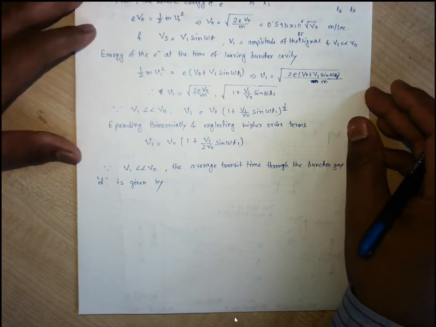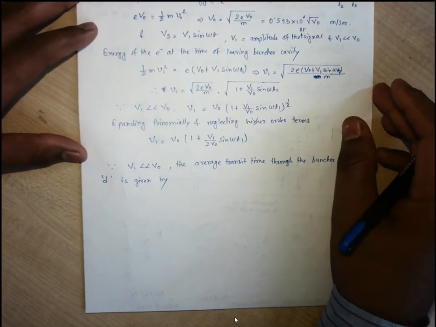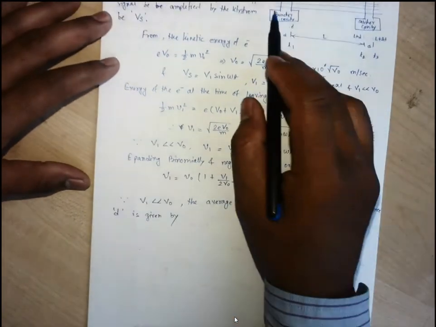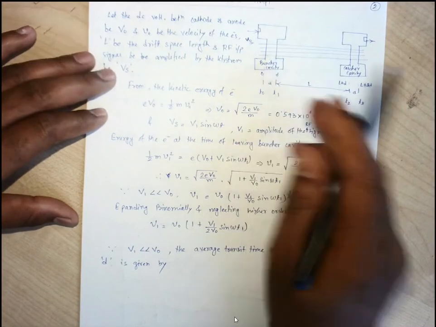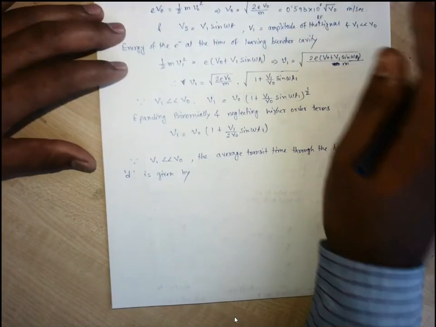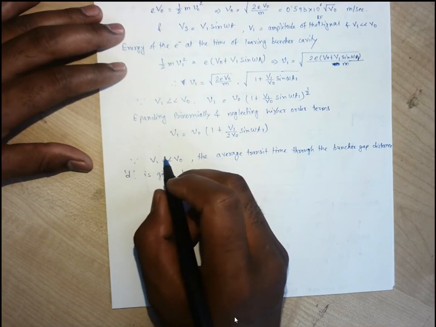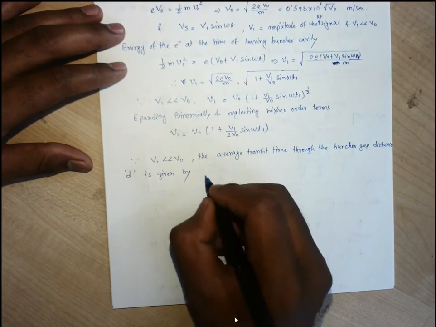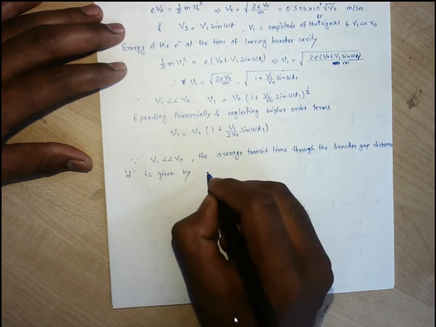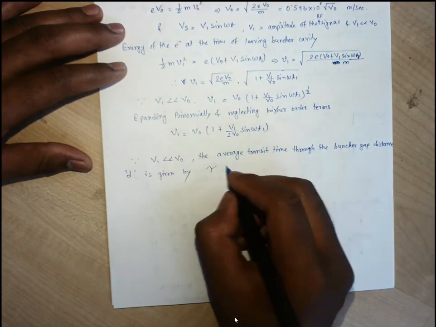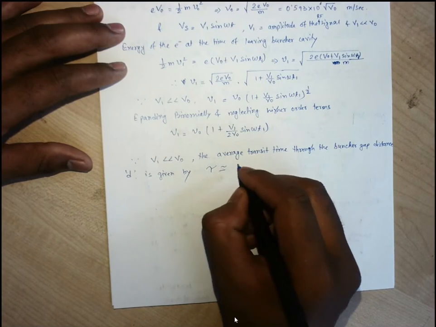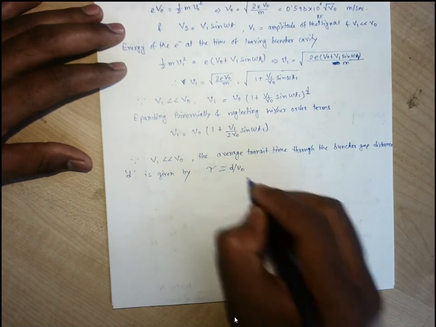So what is the average time to cross this gap with these three kinds of electrons if the RF input has negligible voltage compared to the anode to cathode voltage? Let us give this transit time as tau, approximately d by V0.